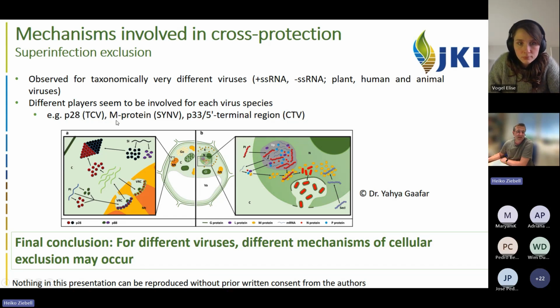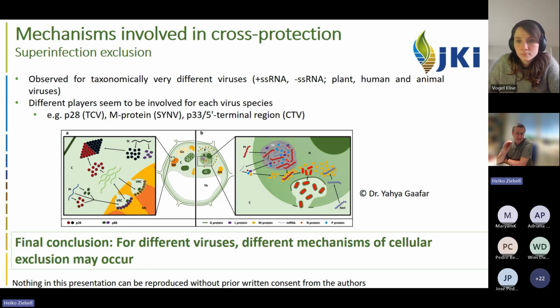For example, the P28 protein of turnip crinkle virus, the M protein for Sonchus yellow net virus, or the P33 protein for citrus tristeza virus. And what is common is that these proteins inhibit the viral replication cycle at one stage or another, be it by transmembrane transport, or by different locations within the replication sites.